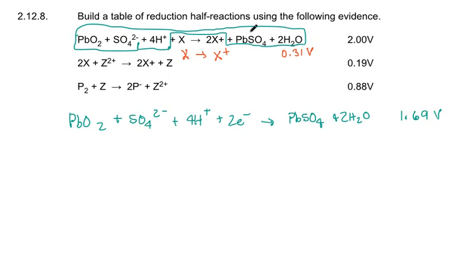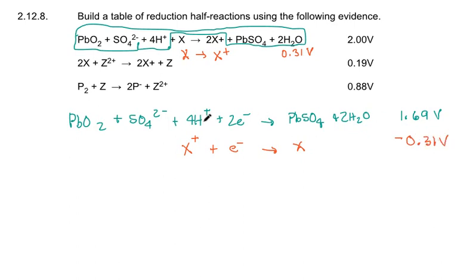But if we're doing a table of reduction half reactions, we wouldn't put it like this. Our X reaction would start with X plus, and then it would gain an electron, and we'd produce X, and the voltage for that would be, since we flipped this, negative 0.31 volts.